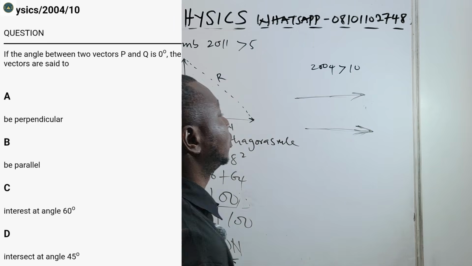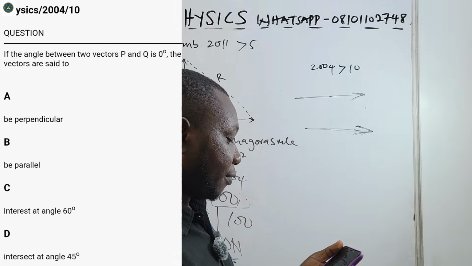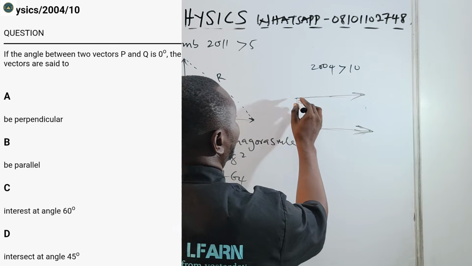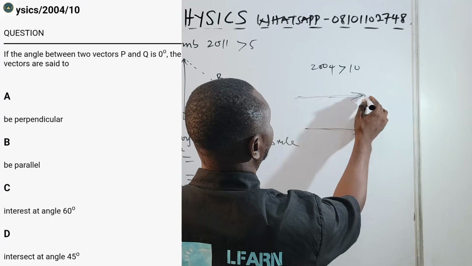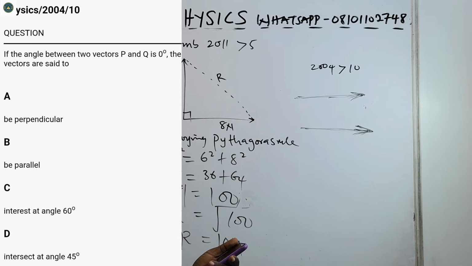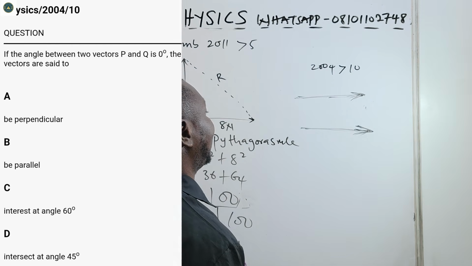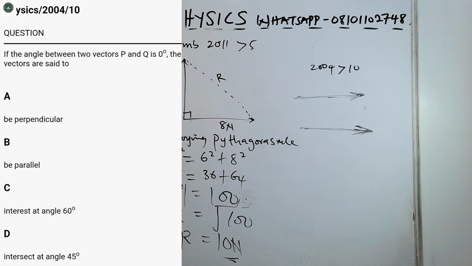The answer is B. When two angles are 0 degree, it means the vectors are in the same direction. Look at what is on the board. They are in the same direction. So they are said to be parallel. So that's that on question 10.